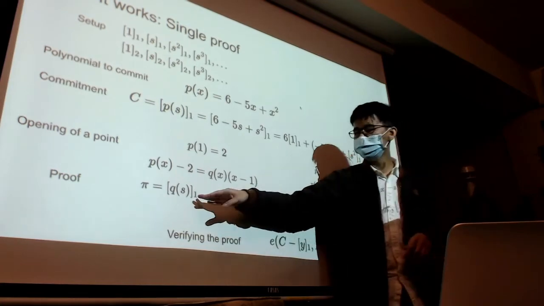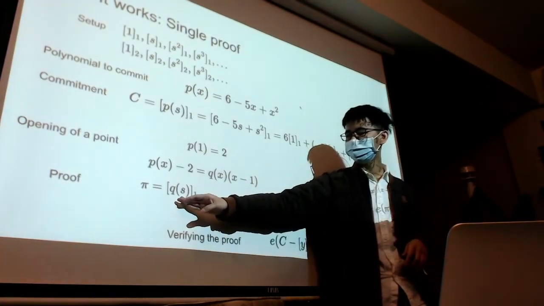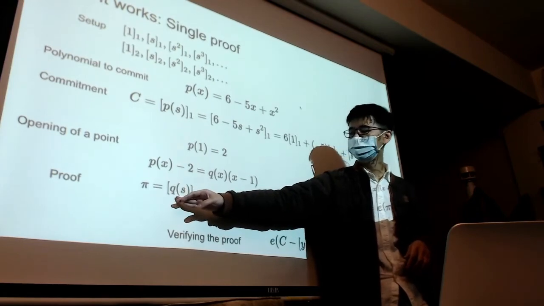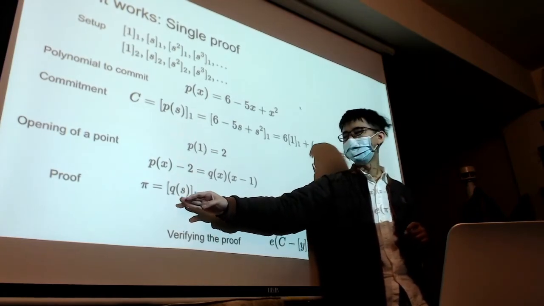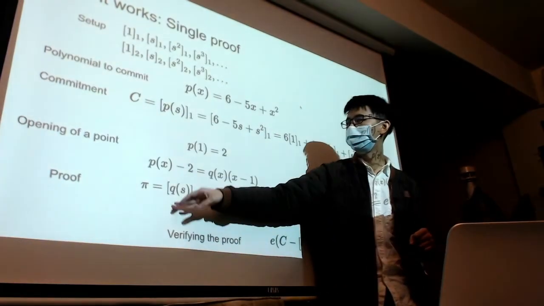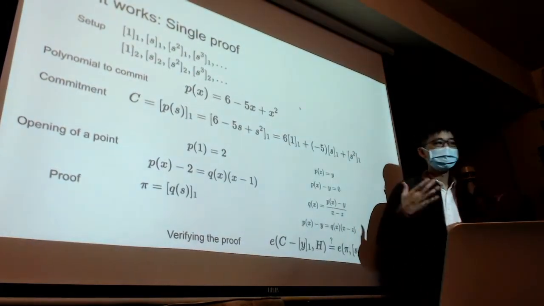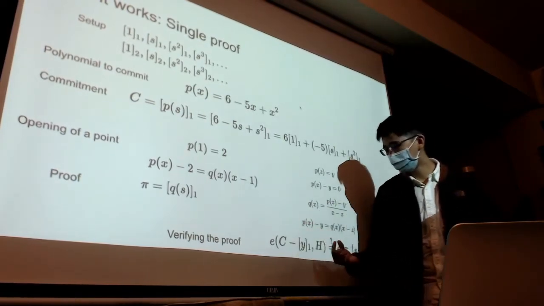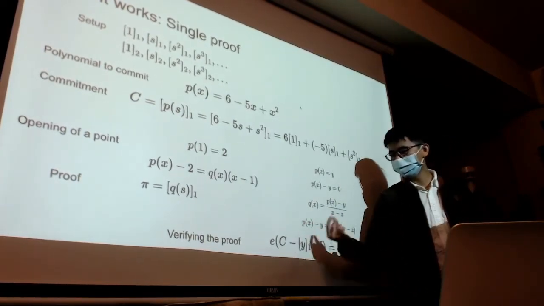So you produce a proof like this, and you can compute this value by multiplying the coefficients of Q to the trusted setup reference string, like we did before when we computed the commitment. And then you send the proof to the verifier.